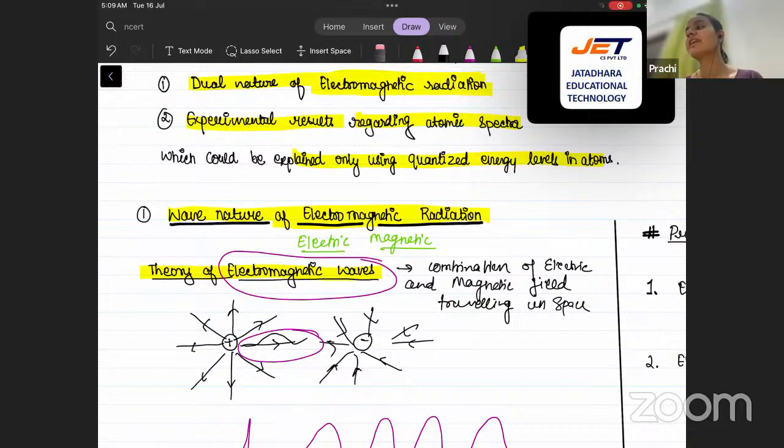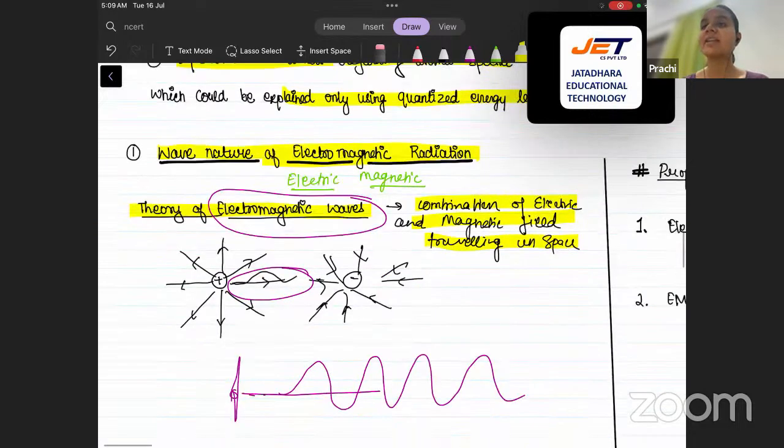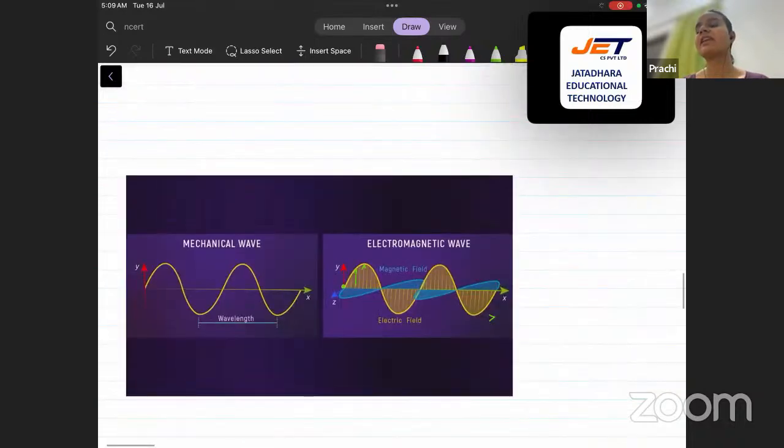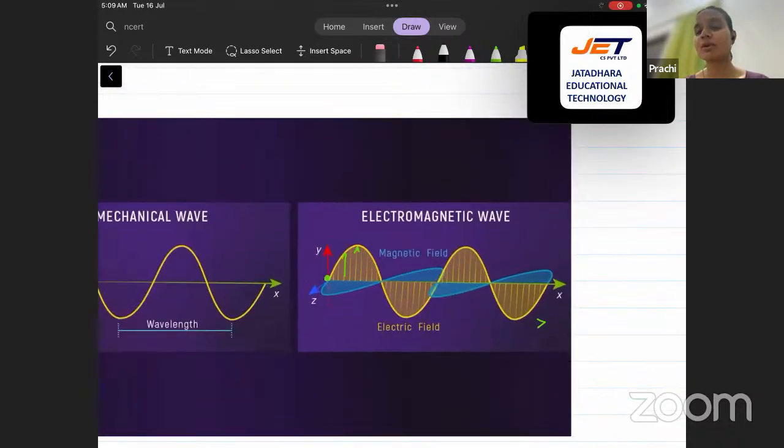So how do we define the electromagnetic waves? Electromagnetic waves can be defined as the combination of electric and magnetic field that is traveling in the space. So in that, we learned that these waves, they will be traveling in the space like this. So on one side, I have the electric component and the magnetic component will be at the angle of 90 degree.